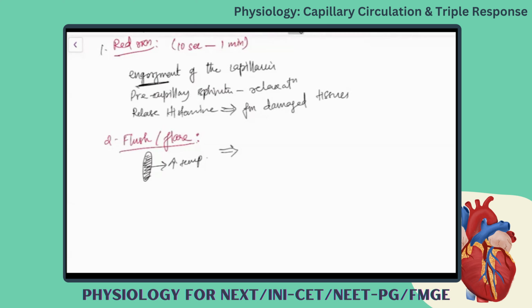And the main cause for this flush or flare is arteriolar dilatation. So the first one, red reaction, is due to the precapillary sphincter relaxation, which makes the engorgement of the capillaries. And flush or flare is due to the arteriolar dilatation. Excessive blood is entering the damaged region, which further increases the skin temperature. If you touch the region where you scratched, it will have a slightly increased temperature.